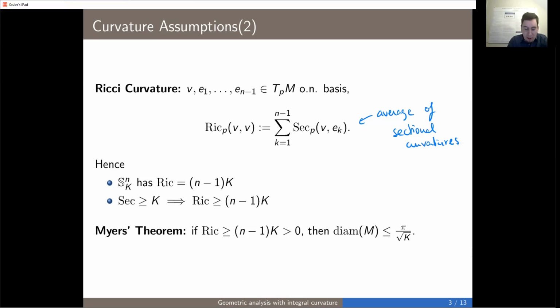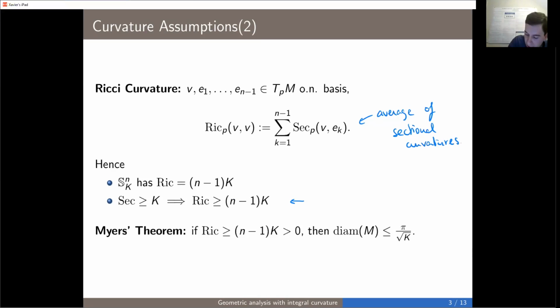Okay, and in addition to that, we have that if your manifold has sectional curvature bounded below by some constant k, then that means that the Ricci curvature is also going to be bounded below by (n-1)k, right? Just from the definition. Okay, so from this, what you can see is that actually having a sectional curvature bound is a stronger assumption than having a Ricci curvature bound.